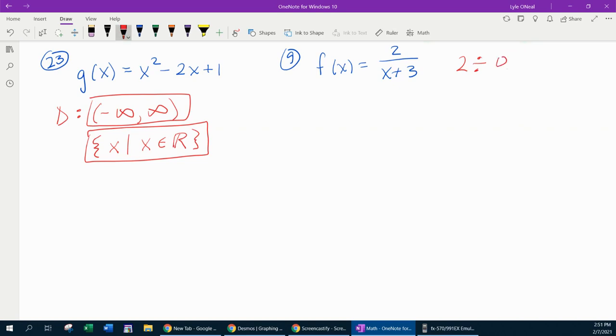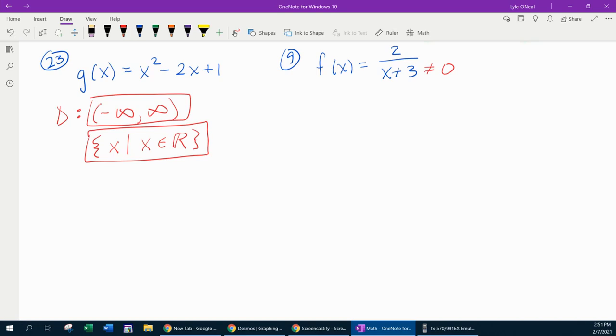Well, the answer is 0. Division by 0 is undefined. And so what that says is this denominator cannot be 0. If it was, you would have an undefined situation. So this is the restriction for this rational function.